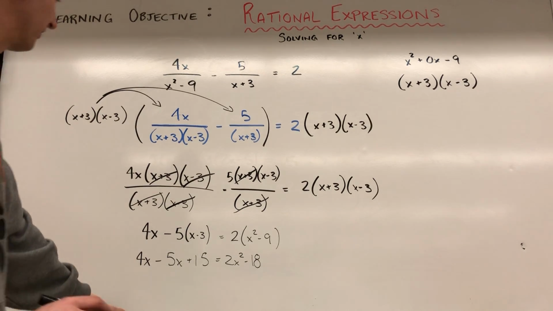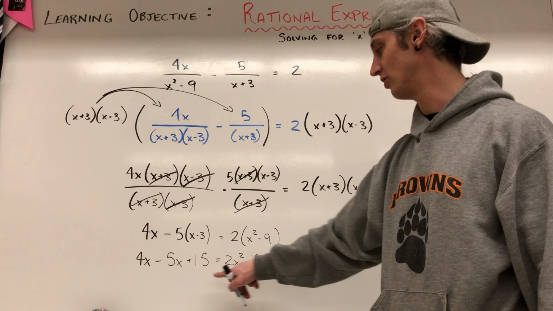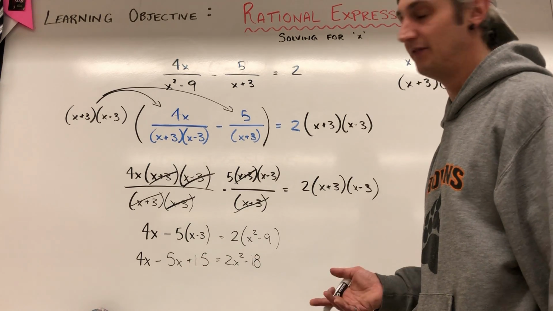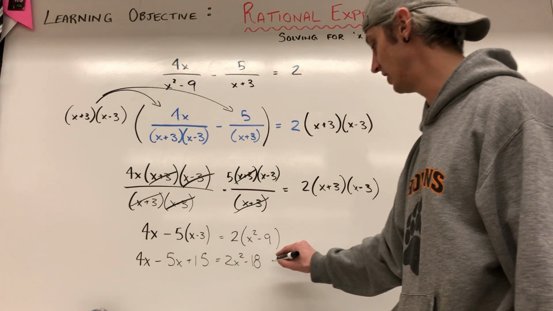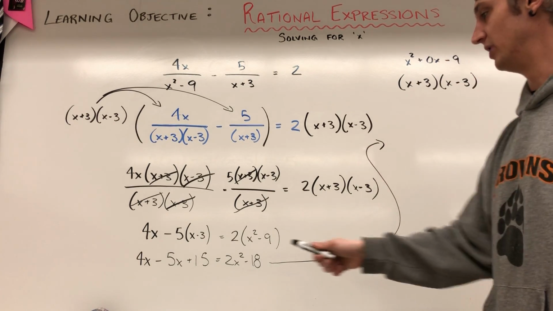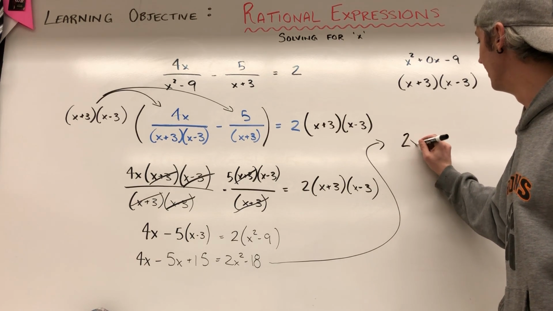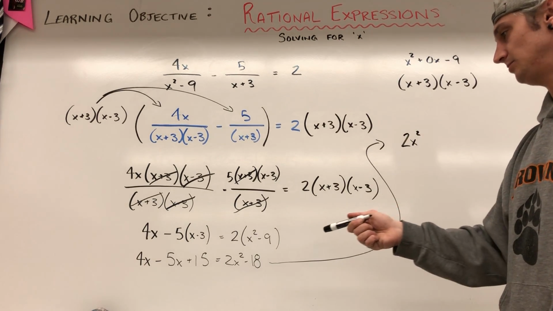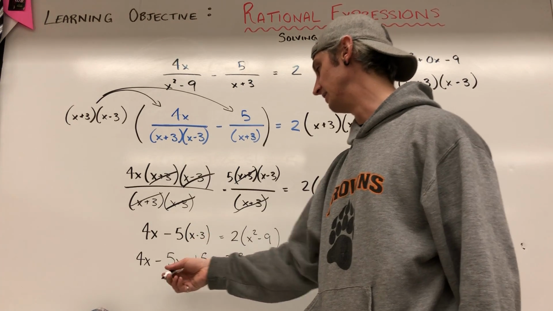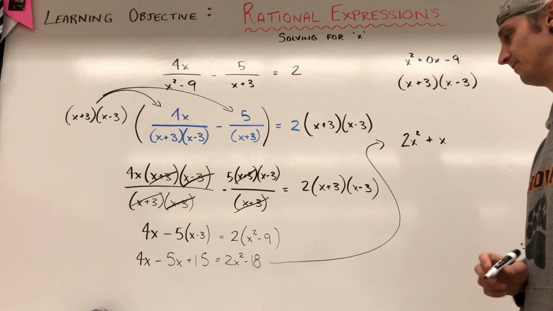And in order to solve for x on this, I'm noticing right now I've got an x squared term, an x term, and a number. It's looking like a trinomial. So I'm going to try and get everything to one side and make it equal to 0. I'm going to bring all this side over to this side. And when I do that, I get 2x squared. 4x minus 5x is negative x, so when I move it over, it's going to be plus x.